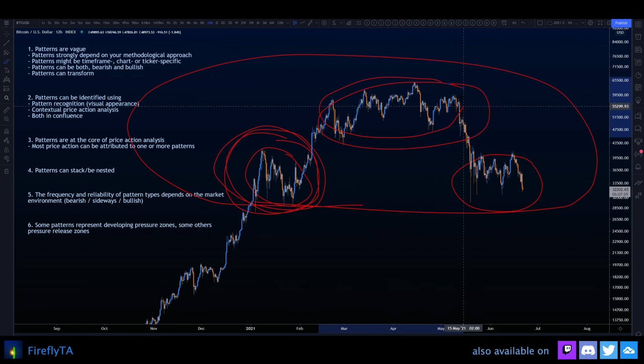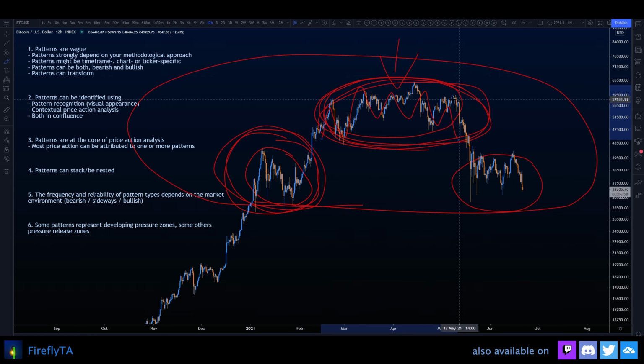We have the big boys unloading their positions up here into the euphoria that is in the market. So you have this FOMO going on. Everybody's buying because it's hyped to the moon, up only. And then you got the big boys that are unloading their positions into this pressure to the upside. And this is why we are seeing a head structure to begin with.